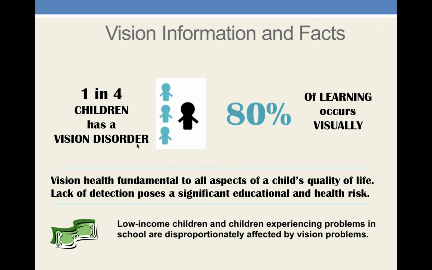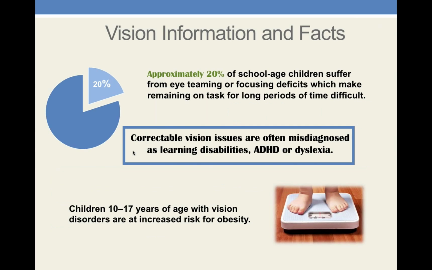So we've already talked a little bit about the vision thing, the 1 in 4 children that has a vision disorder. It's very important to identify these children, because there are numerous studies that suggest that 80% of learning occurs visually. Some people will argue that it's higher, some people will argue that it's lower.